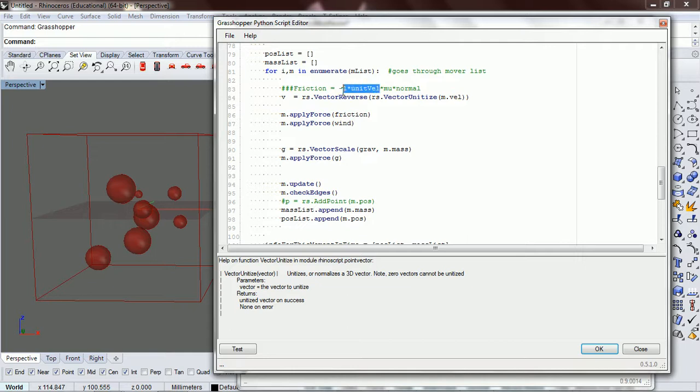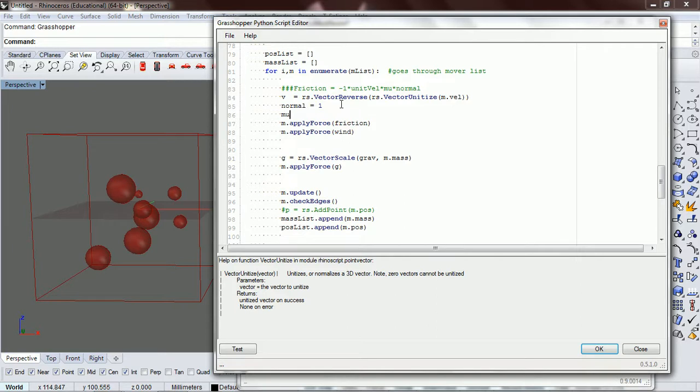So we have this right here in this line, and so now we need our mu and our normal. We're just doing the simple version of this, so we're just going to have the normal be 1, and then for mu, the strength, let's also put that as 1, and if it does anything weird or we need to change these later, we will.